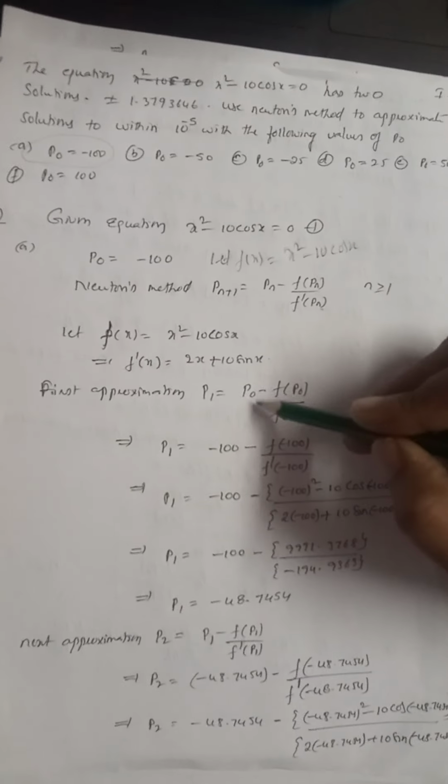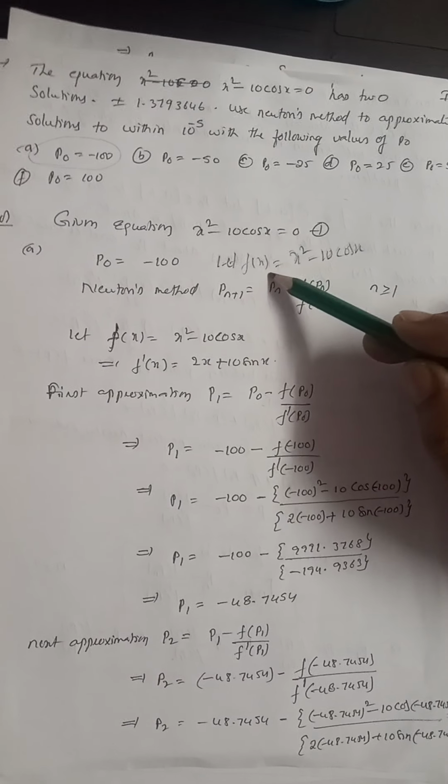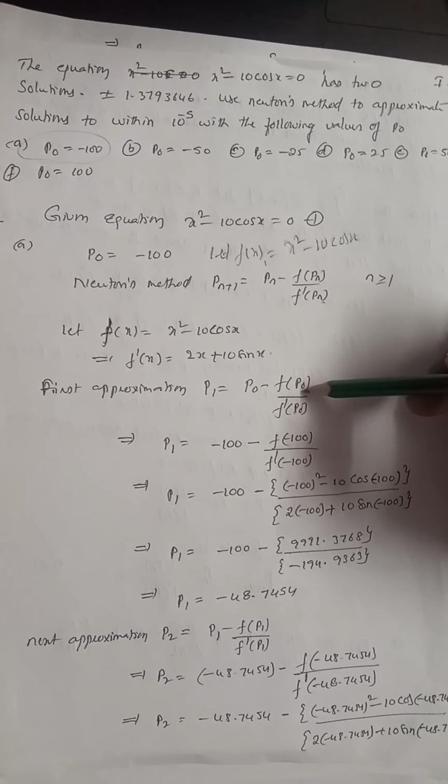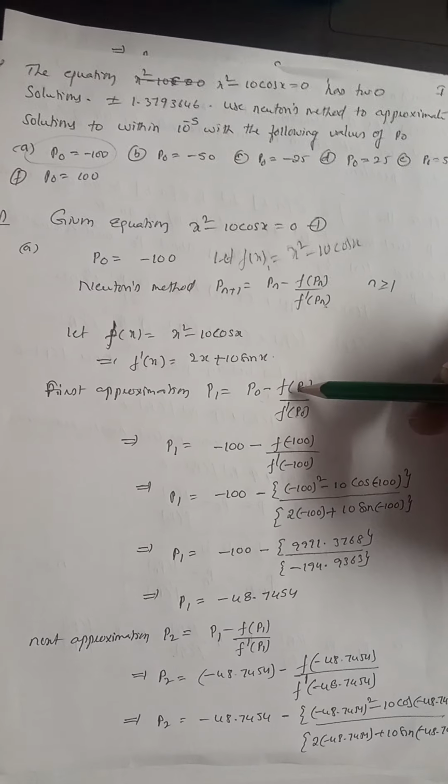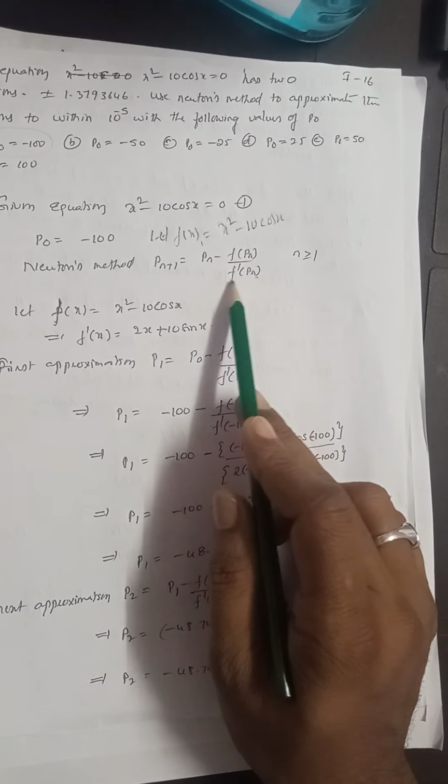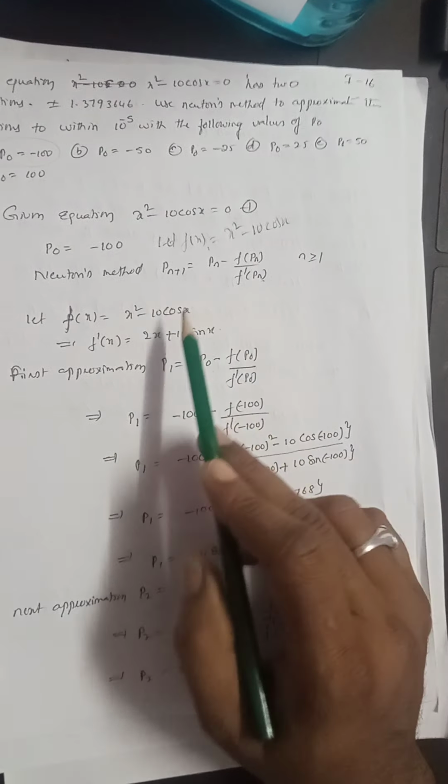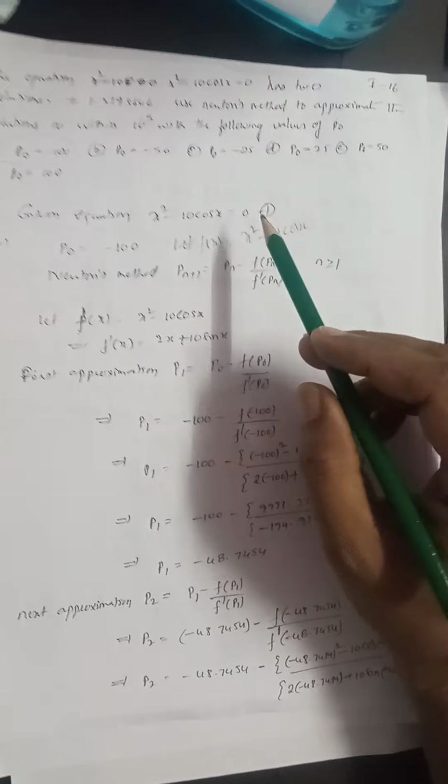Right? We know p naught value. f of x we know. How to find f of p naught? In the place of x I have to substitute minus 100, and before that there is one different function, that is f dash of x or f dash of p n. That means we need to find f dash, the first derivative of the given function.